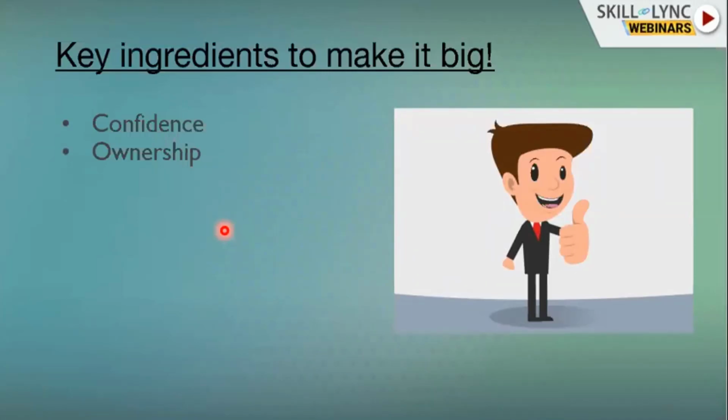Now, ownership. What do I mean by that? Ownership is nothing but you treat whatever work you're doing as if it's your own, as if it's your own company you're running. If you have that attitude, I would guarantee you would be miles ahead of anybody closest to you. If you think, okay, this is my 9 to 5 job, 9 to 6 job, I'll do my work, I'll put in my efforts, I'll come back, no. Think that this is a business that I'm running.